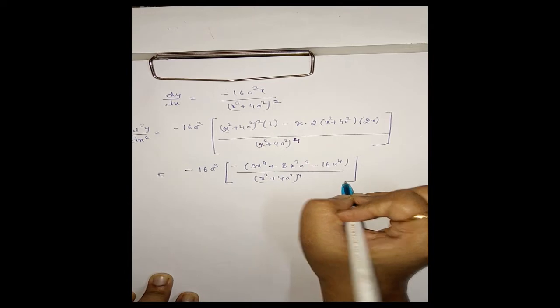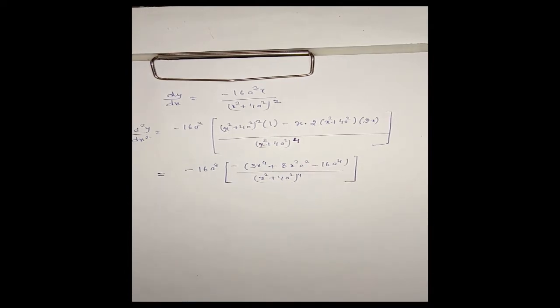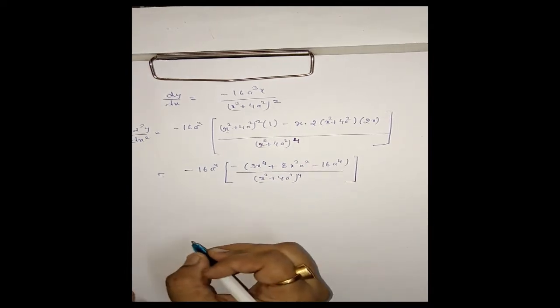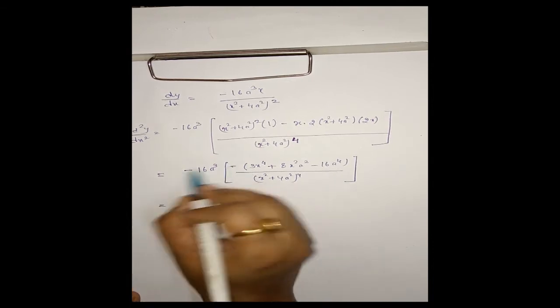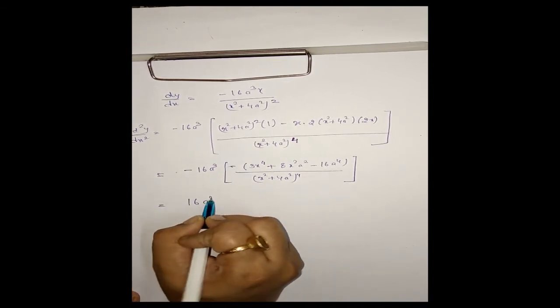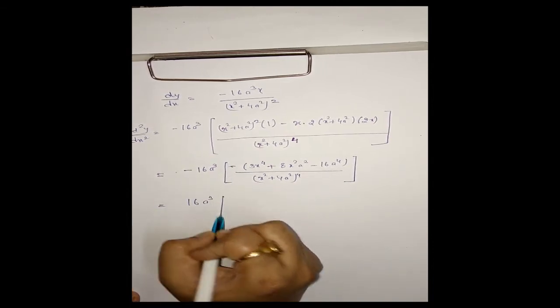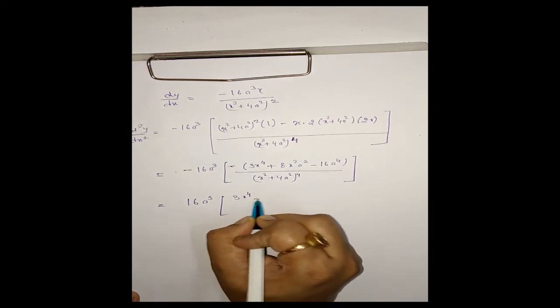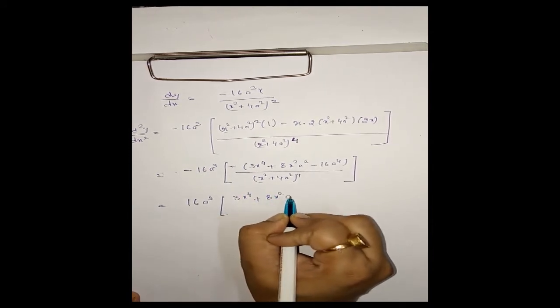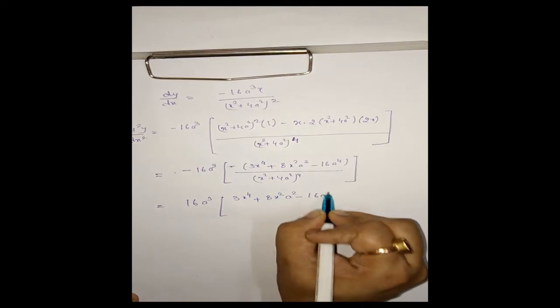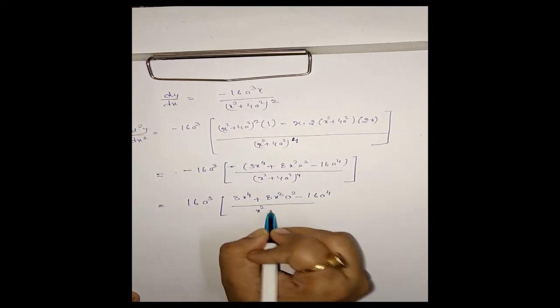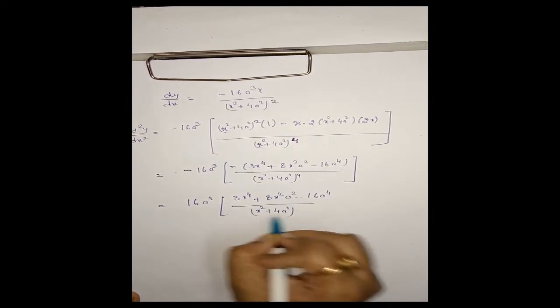On simplifying, minus minus will get cancelled out, so this is equal to 16a cube into (3x4 plus 8x square a square minus 16a4) upon (x square plus 4a square) power 4.